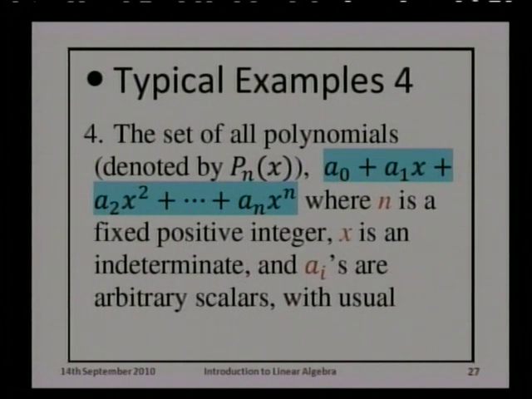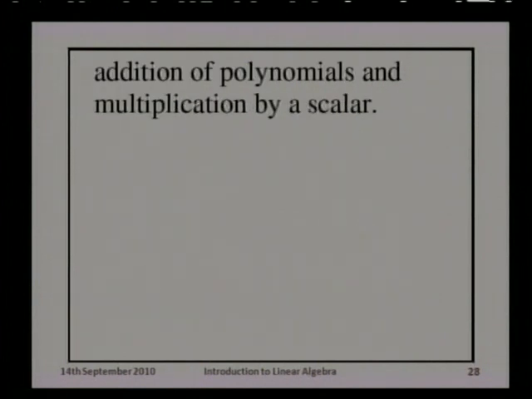The next typical example we come across is the set of all polynomials denoted by Pn(x), that is a0 plus a1x plus a2x squared plus and so on up to anx^n, where n is a fixed positive integer, x is an indeterminate, and the ai's are arbitrary scalars, with the usual addition of polynomials and multiplication by a scalar.